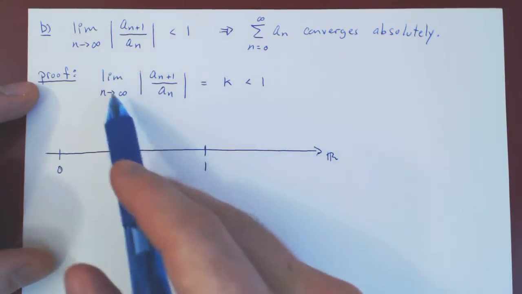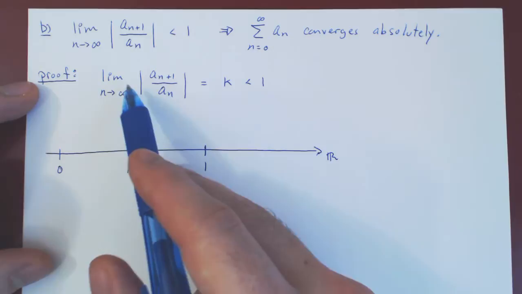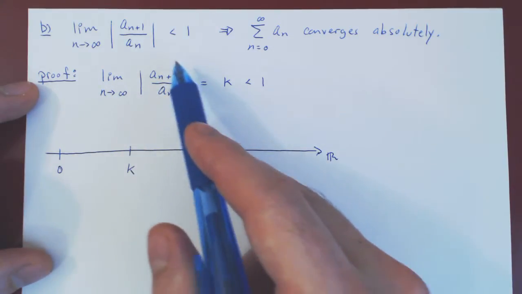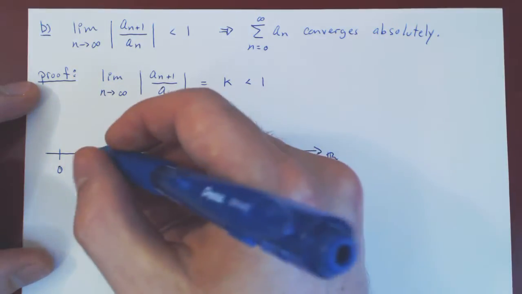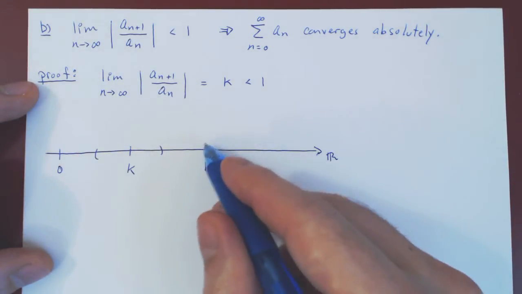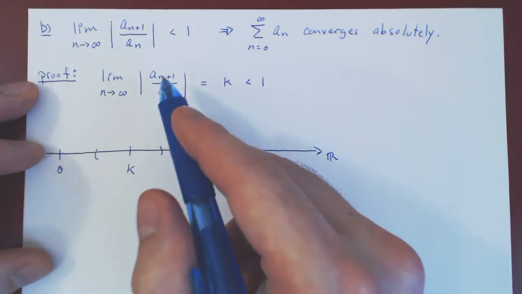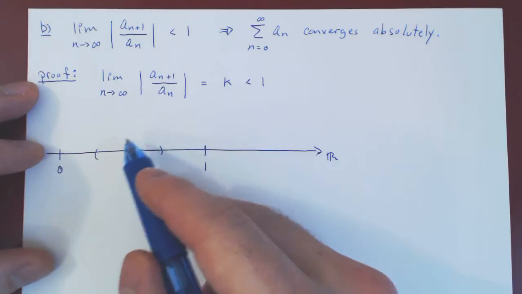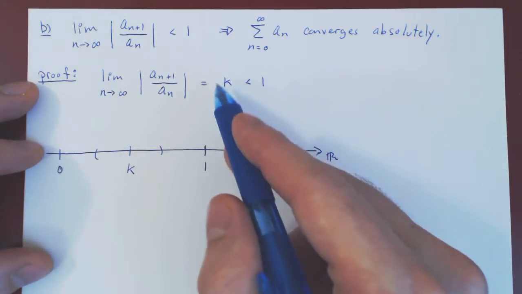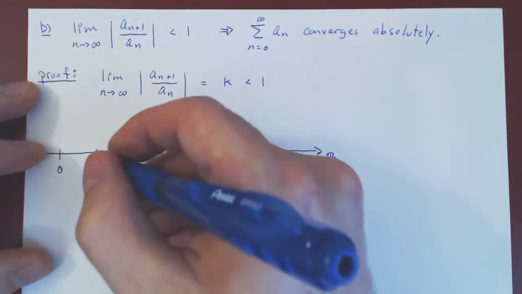And if we ask ourselves again, what does this mean? It means as n becomes larger and larger, this term becomes closer and closer to k. So we can look at a small interval around k, away from 1, and if we take n to be large enough, these terms will be inside of this interval, because they can be made arbitrarily close to k as long as we take n large enough.